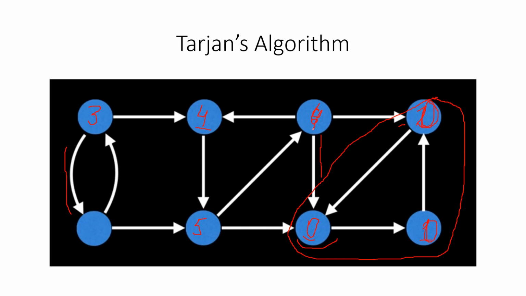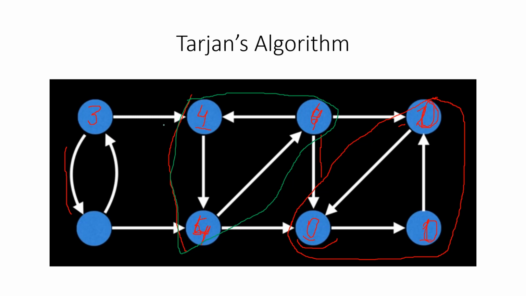Then again, because DFS does backtracking, we go back to this node, and it is 4, right? From this one we come again here, but it's 4, so we are done actually. Let me draw with another color. So this one is another strongly connected component, right?